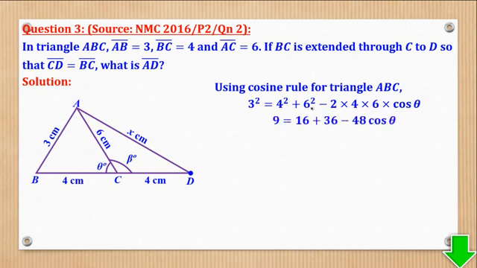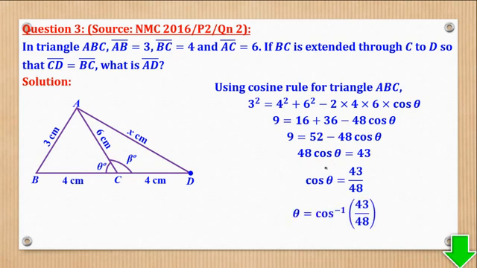Then simplify, collect like terms, you'll come up with that. Then make cos theta the subject by dividing through by 48. Then get theta by getting inverse cos, which gives you that.